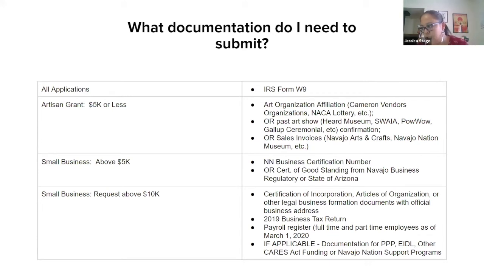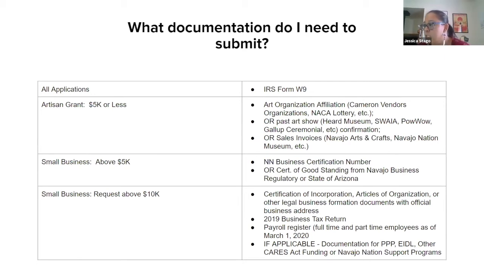So it could be a vendors association. I know there are several vendors associations across the nation. It could be your documentation from when you go to Native Americans for Community Action in Flagstaff and you participate in the lottery, or any of the other lotteries that they have for space. That documentation will work.